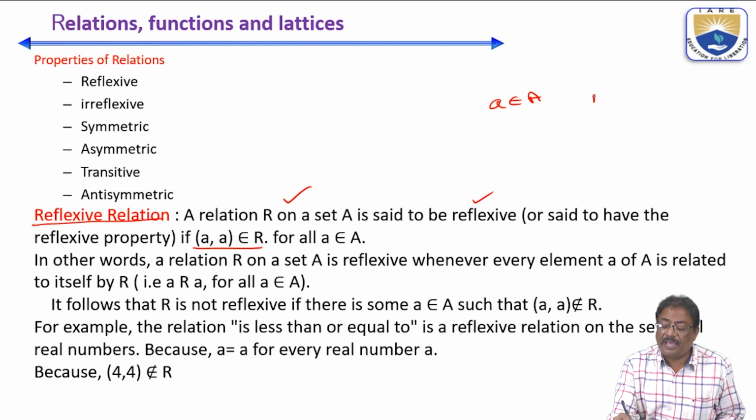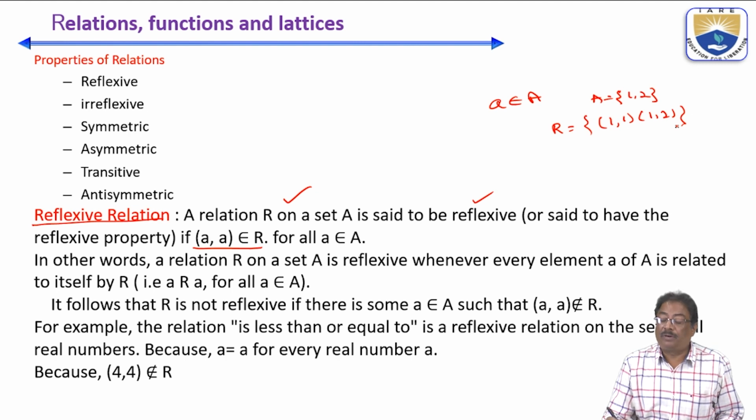Suppose I take A equals {1, 2}, and R is a relation defined on the set A itself, consisting of, let us say, (1, 1), (1, 2).